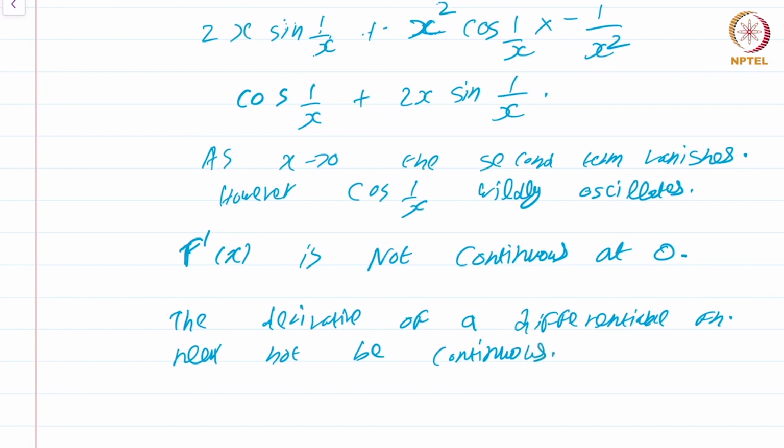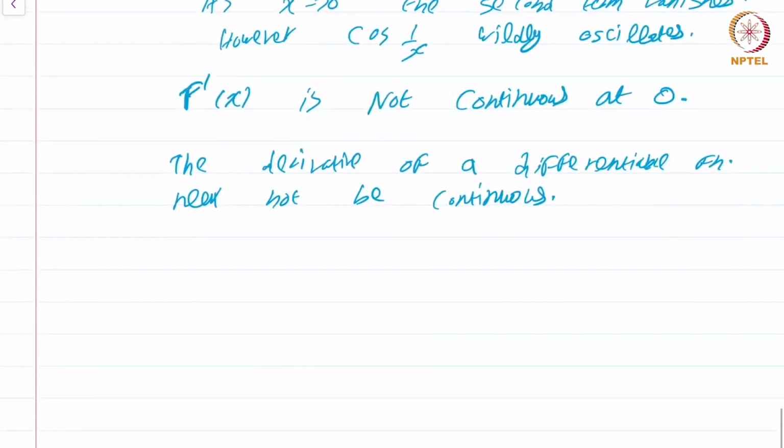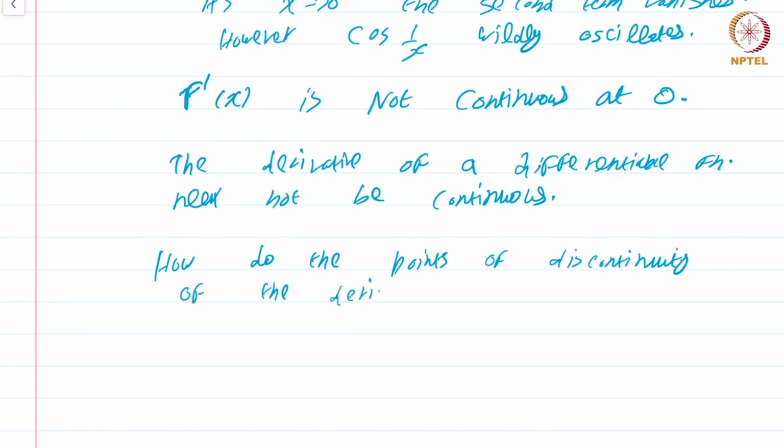There could be discontinuities of differentiable functions. The next natural question to ask is how do the points of discontinuity of the derivative look? This is the next question that should be on your mind.